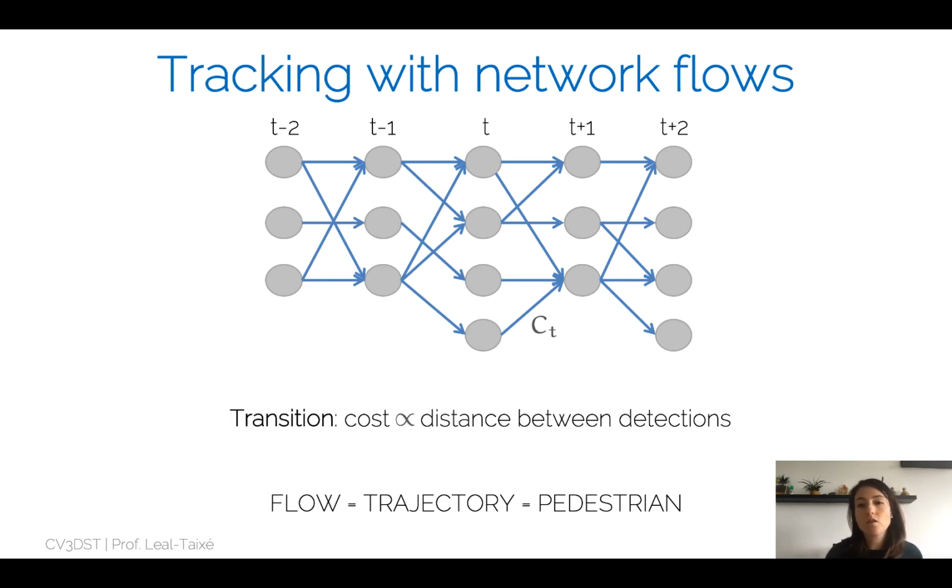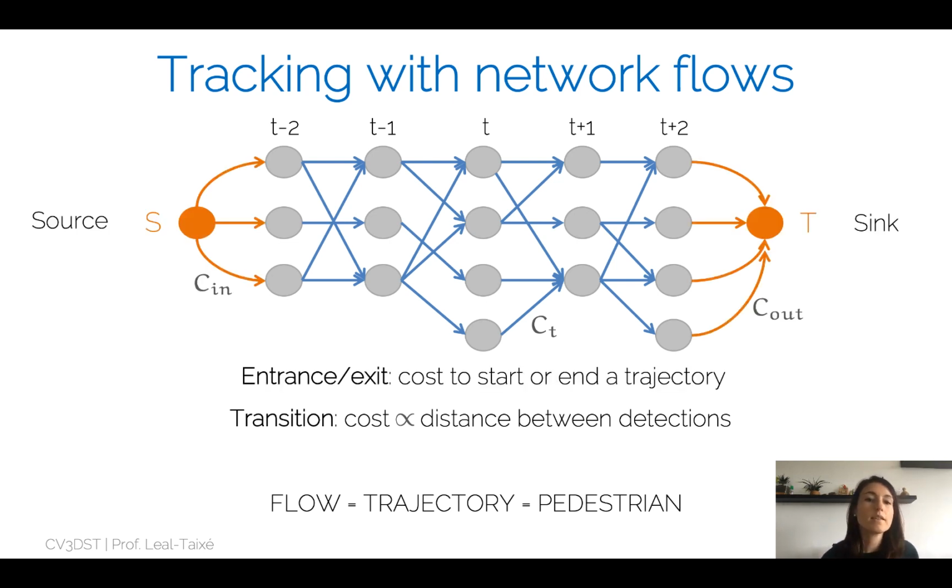This transition cost, which roughly represents distance between detections, distance in appearance, distance in pixel space, or 3D distance, whatever we want, these edges are not the only element in the graph. They're not the only connections that we actually need to solve our optimization problem.